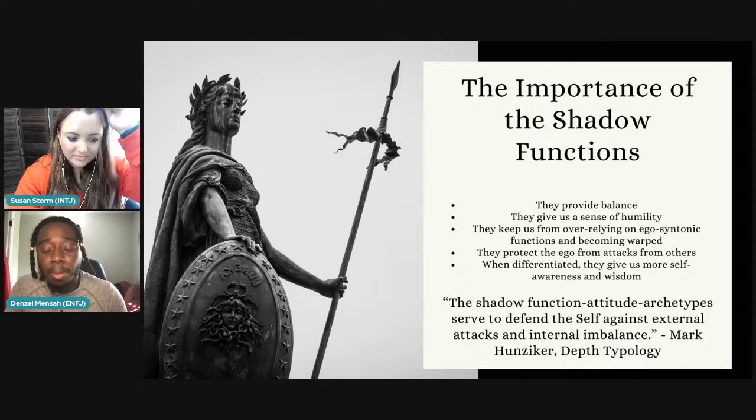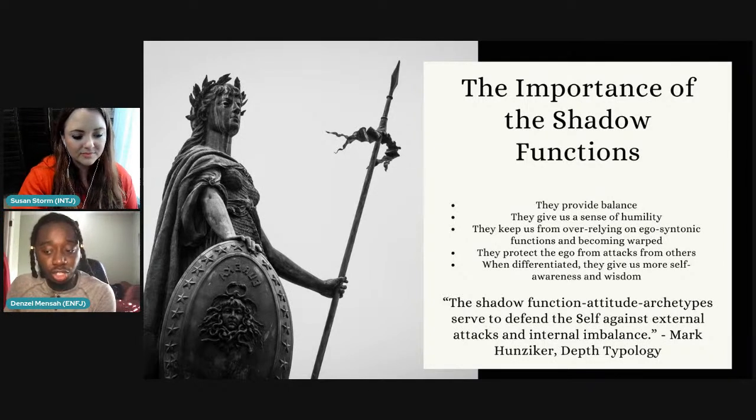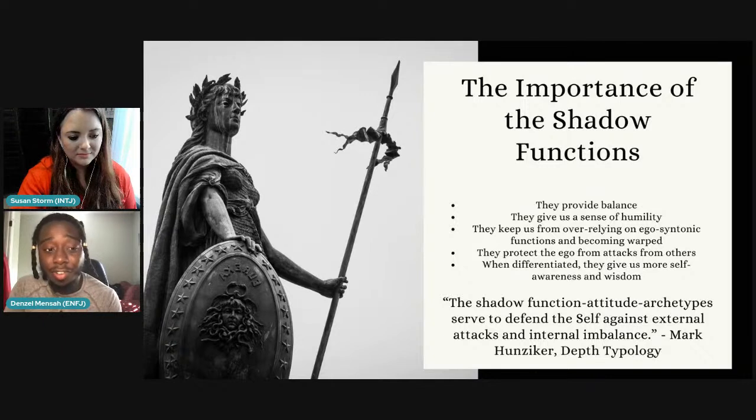So when we're talking about the shadow in general, when Jung talked about the shadow, it's essentially the parts of us that we don't really identify with, the parts of us that we are ashamed of, the parts of us that we try to suppress, that we close a blind eye to, or we're aware of, but then we try to hide it from other people.